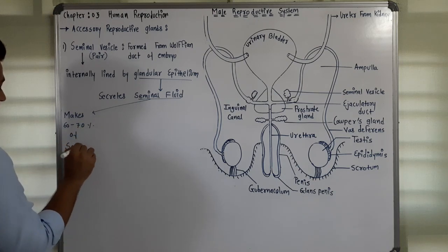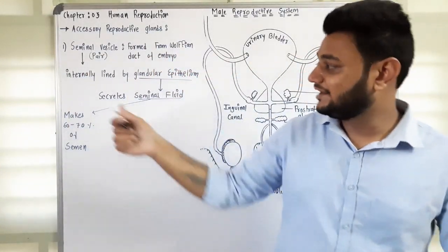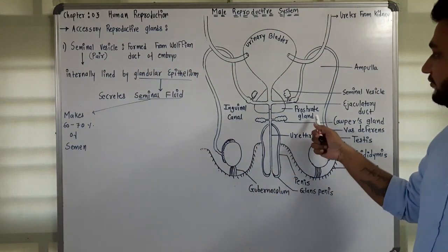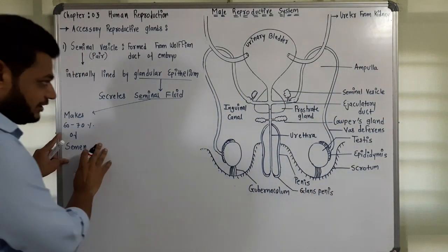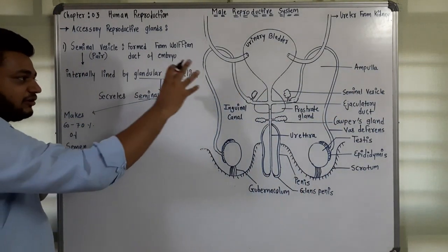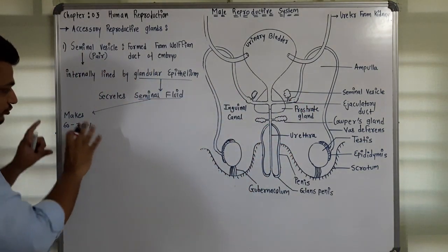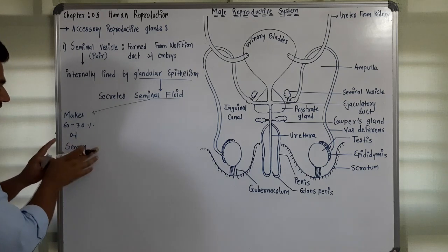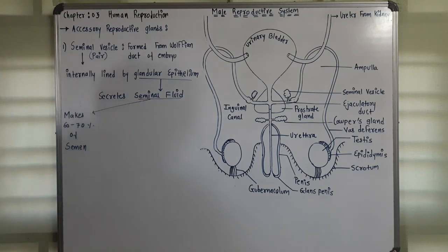Semen includes sperm as well as the secretions of accessory reproductive glands like the seminal vesicle and prostate gland, combined to form semen. So basically, 60 to 70% of the entire semen is seminal fluid.